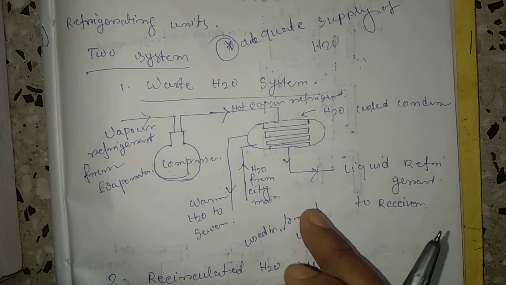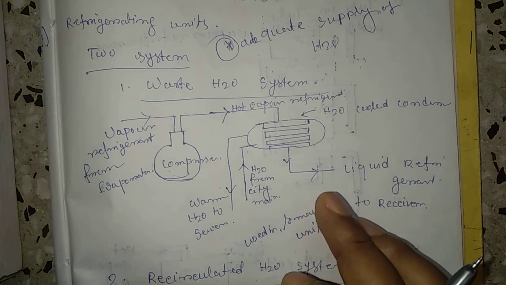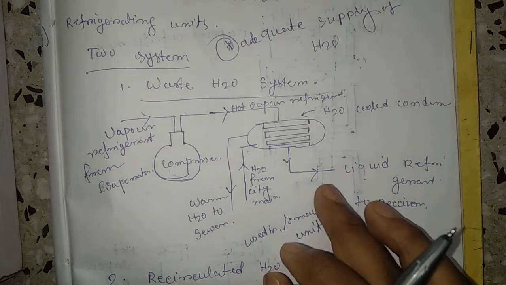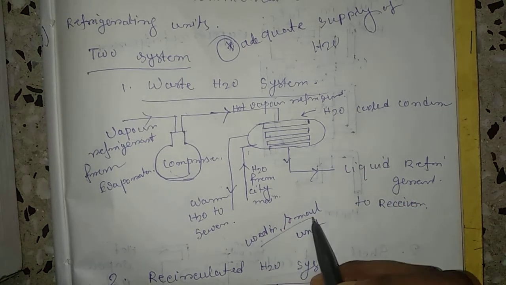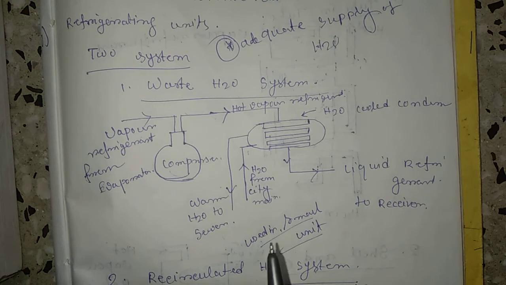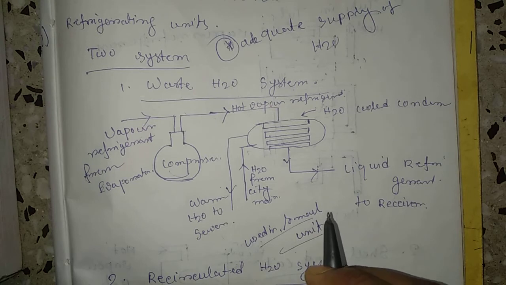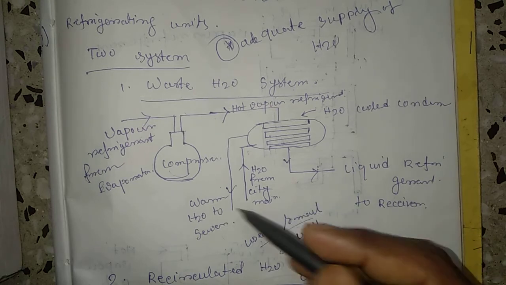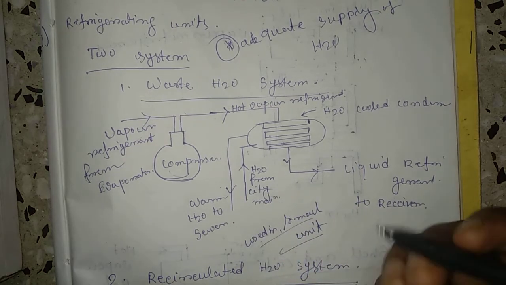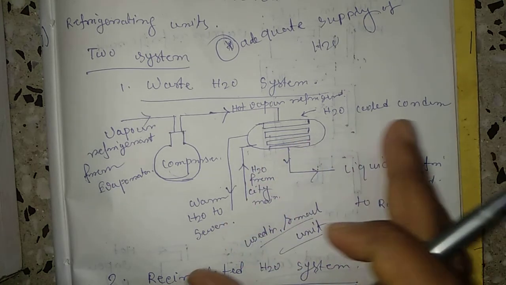So two important points: it is used for small units, and the location needs a large quantity of fresh water and a drainage system large enough to handle the wastewater.